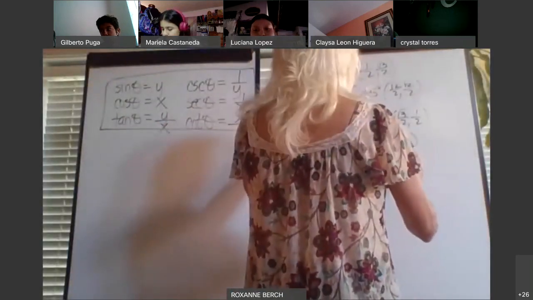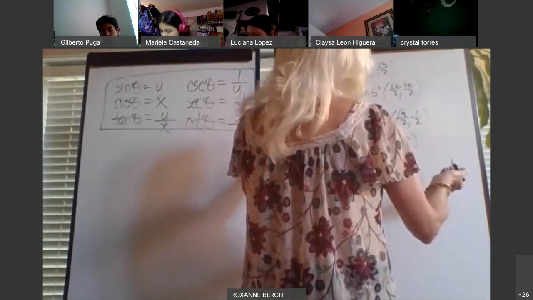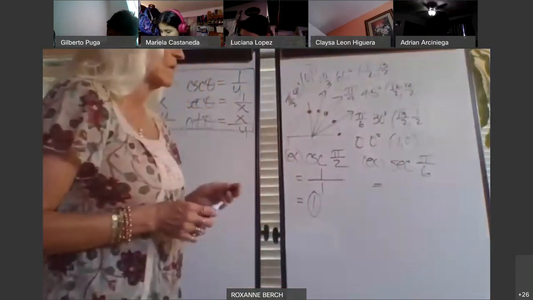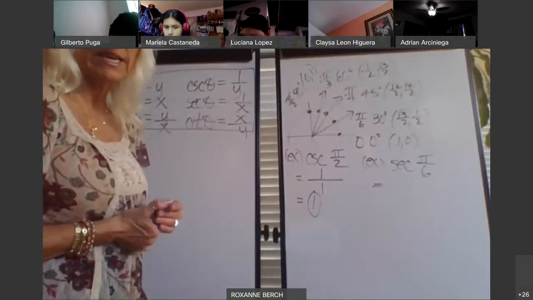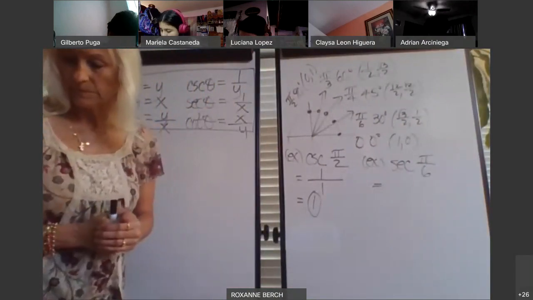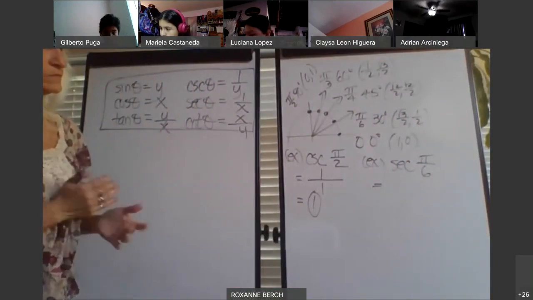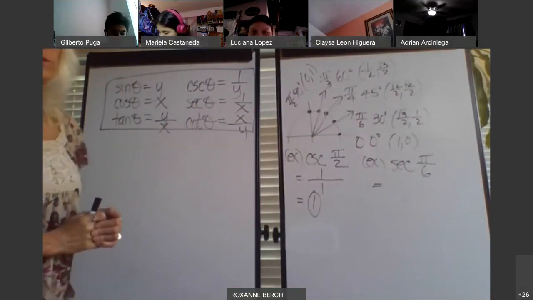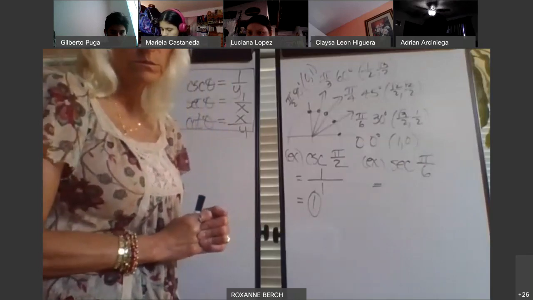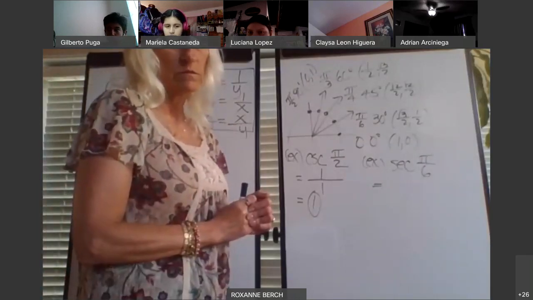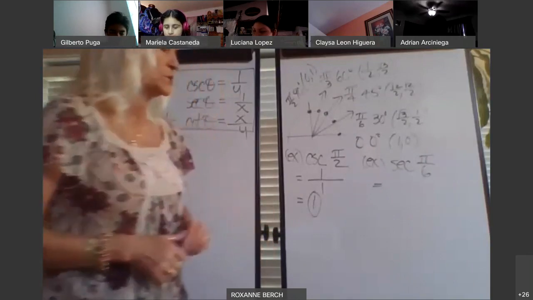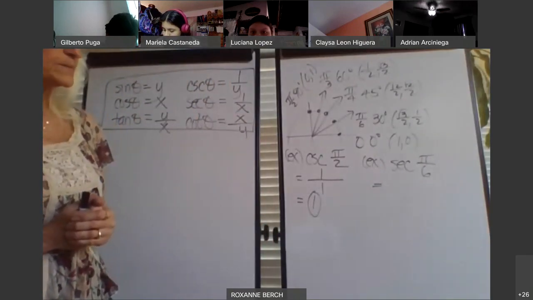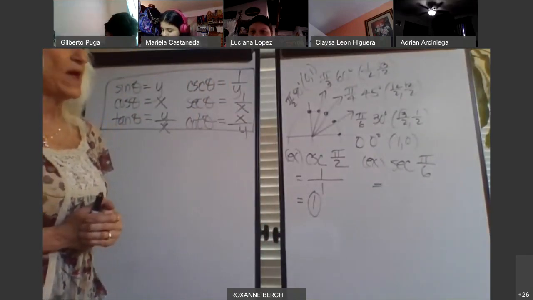All right, how about secant pi over 6? So secant of pi over 6. So when you see secant, you're thinking what? Cosine. Okay. So you're taking the reciprocal of cosine when the angle is pi over 6.